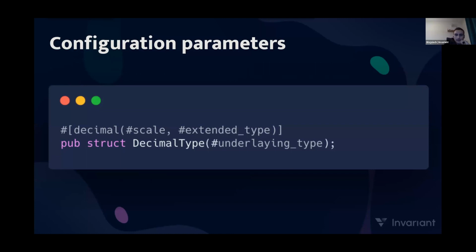Okay, and the last one is the extended type, and it's specific for the case in which the value should be extended to a higher type to avoid some overflows that may occur in this operation.